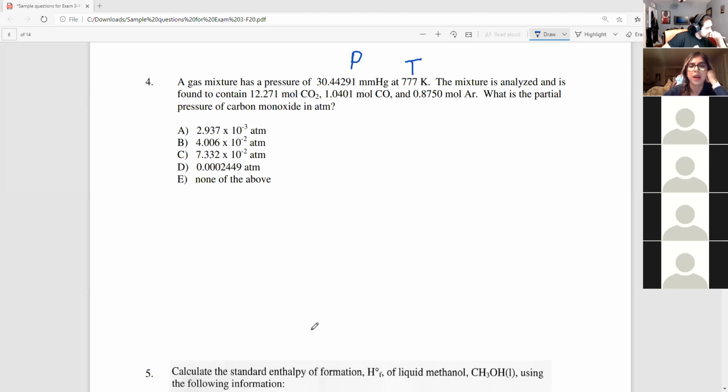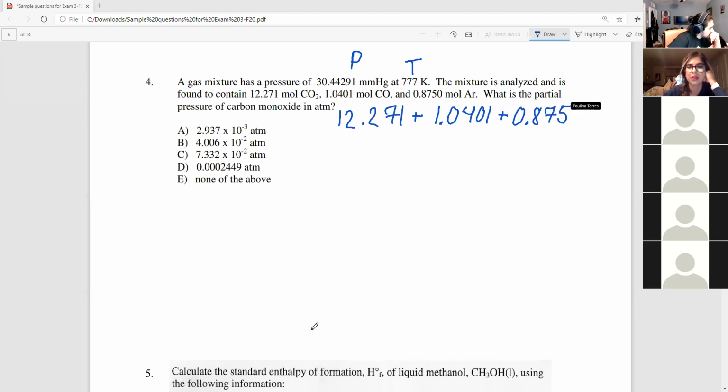First, we need to find the mole fraction, right? And how do we find that? You would add up all the moles that it gave you. Exactly. 12.271 plus 1.0401 plus 0.875.